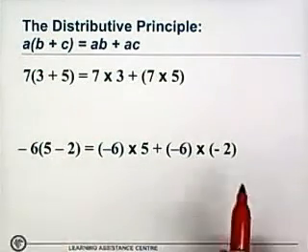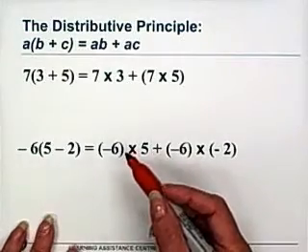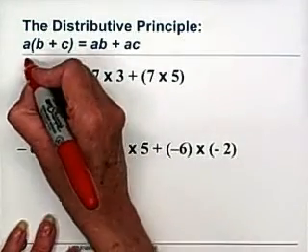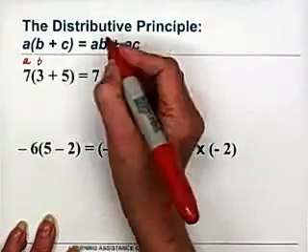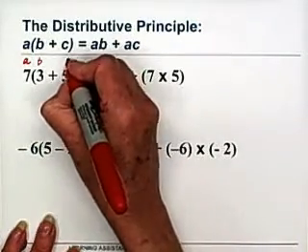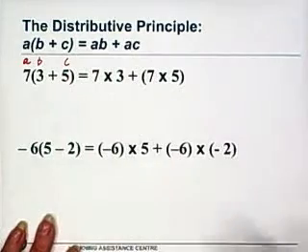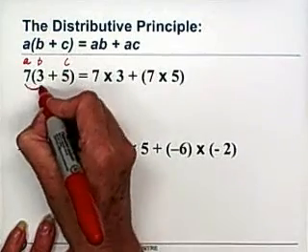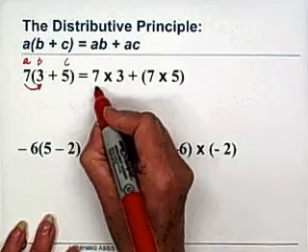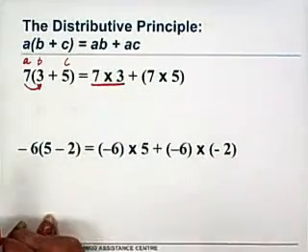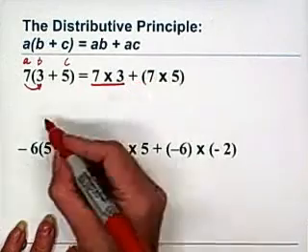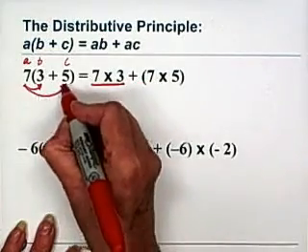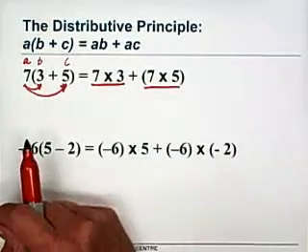So let's just take a look at the first one here. Our 7 is our A, our 3 is our B, and our plus 5 is our C. We take our 7 multiplied by the 3, we get 7 times 3. Then we add the 7 multiplied by the 5.